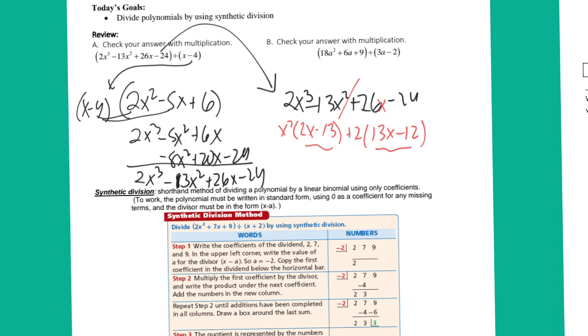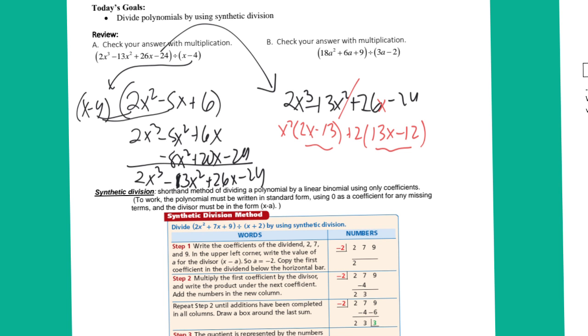And so division is a helpful way to say, hey, if you want to divide things, or if you want to factor things, division will actually work. Well, this is kind of a stinky way to do it. Well, you're right, it is a stinky way to do it. And the deal is that with certain division problems, you can use this thing called synthetic division, and it's pretty incredible.